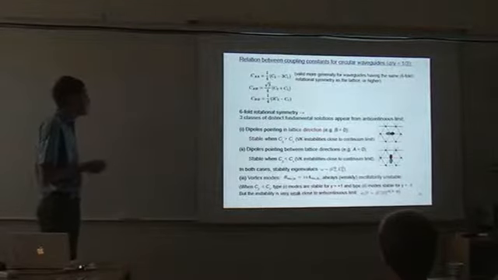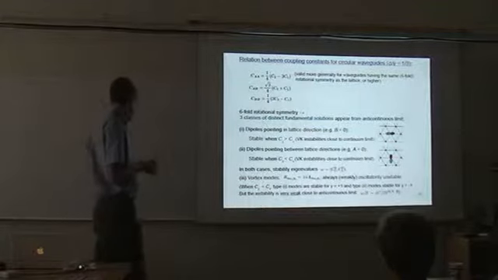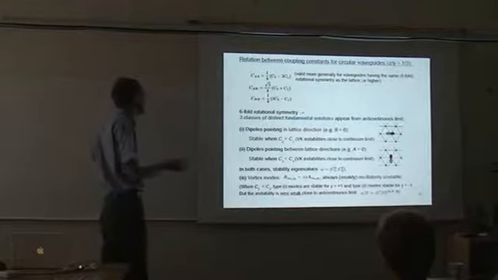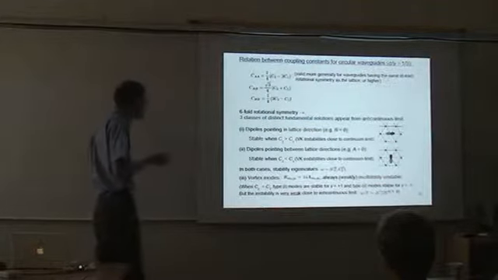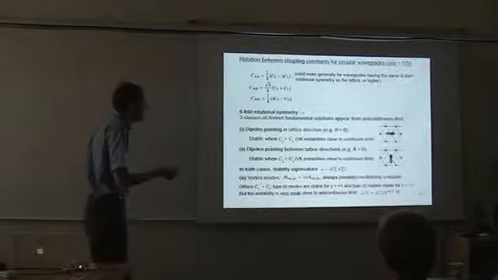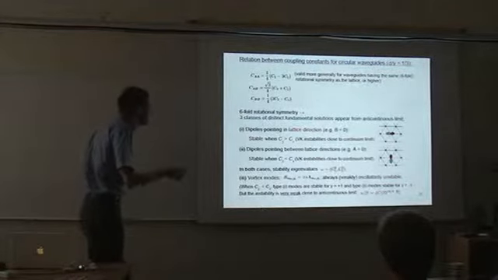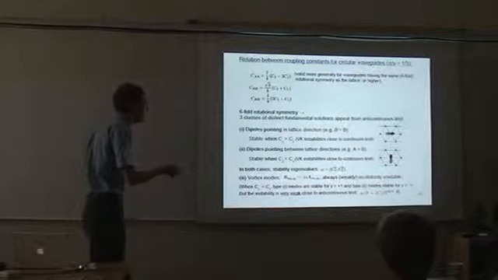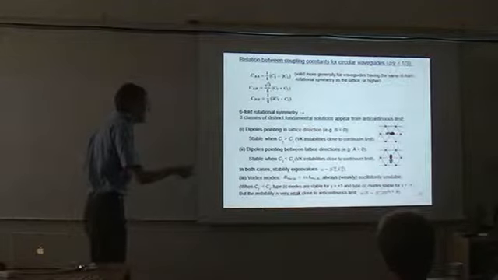Okay, so what you will see here is that you have 3 classes of distinct fundamental solutions that appear from the anti-continuous limit when you turn on the coupling. Either you can have dipoles pointing in a lattice direction. Here I put the case where you have a horizontal dipole, so B is equal to 0 and you have only the A component.